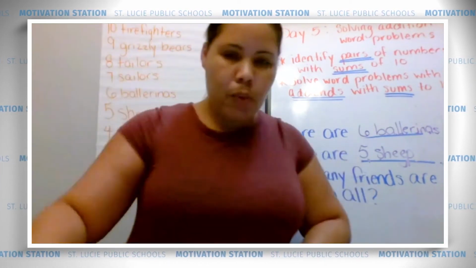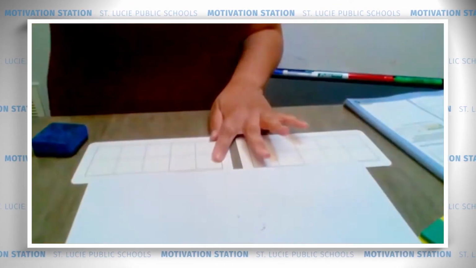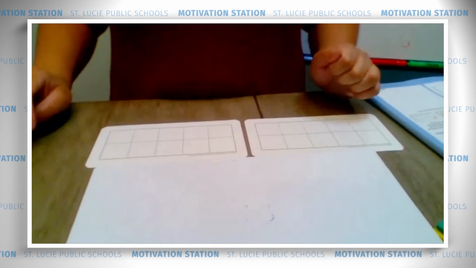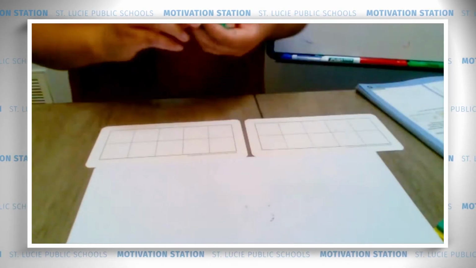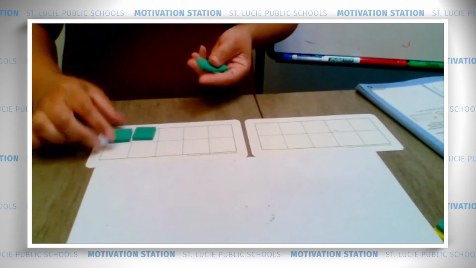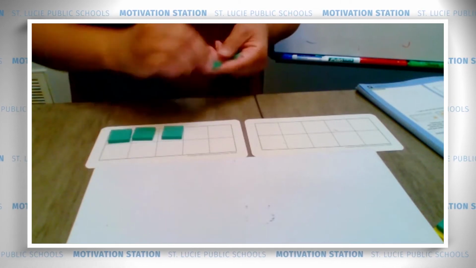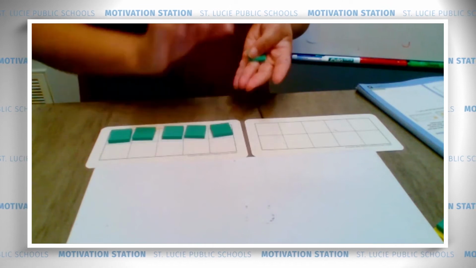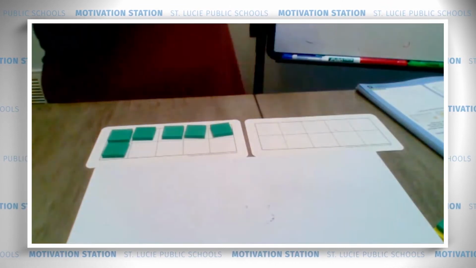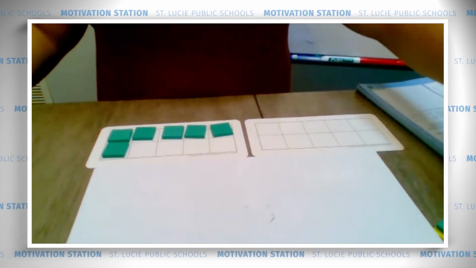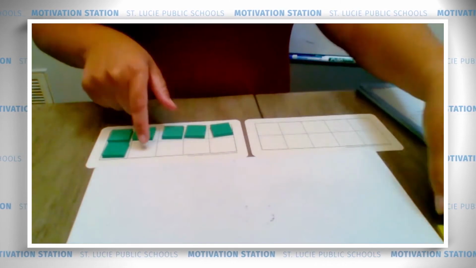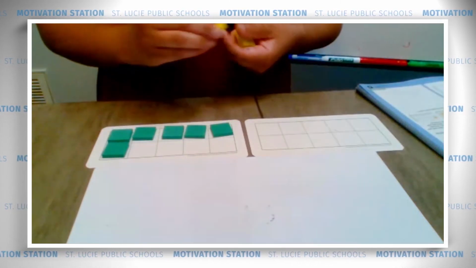So let's model what our problem is going to look like. I will use green tiles again for our ballerinas this time. 1, 2, 3, 4, 5, 6, perfect number. And there are 5 sheep. I already know that all 5 are not going to fit.